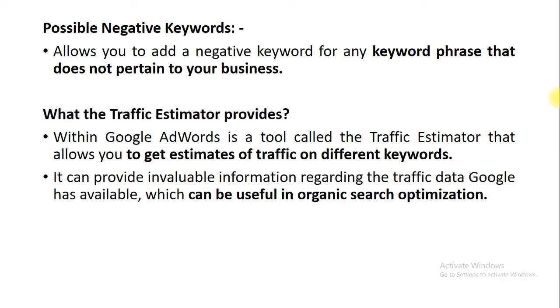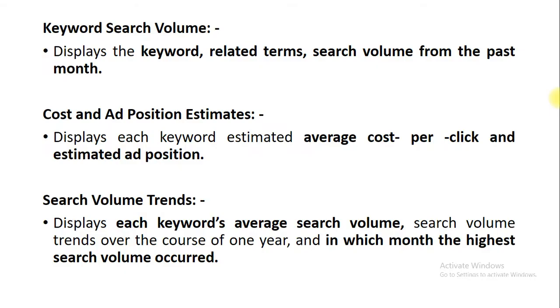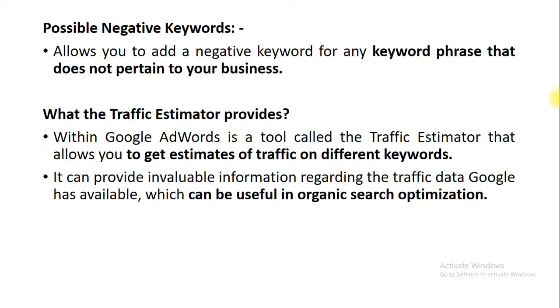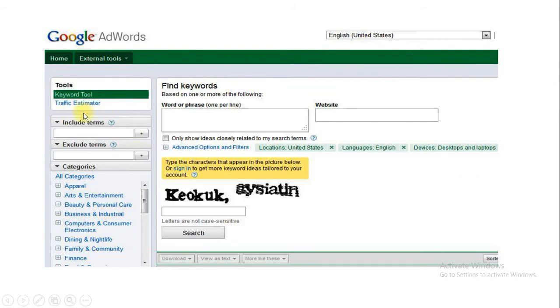Now, what does the traffic estimator provide? The first point we have completed is related to Google's AdWords keyword tool, which contains keyword search volume, cost per click, search volume trend, and possible negative keywords. Now, second is the traffic estimator.